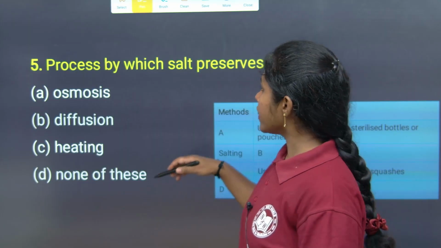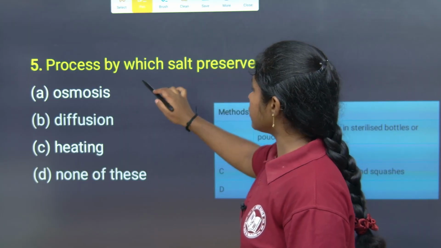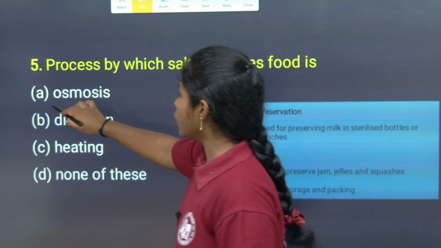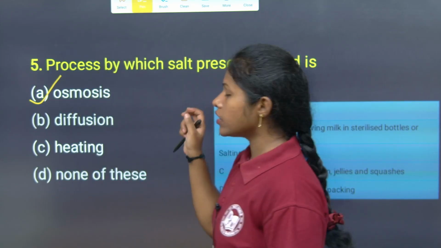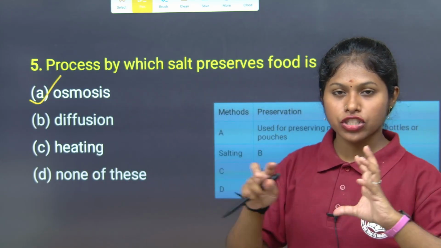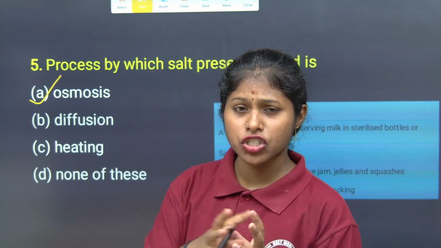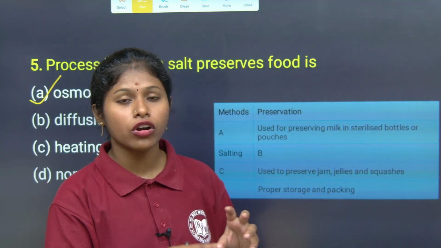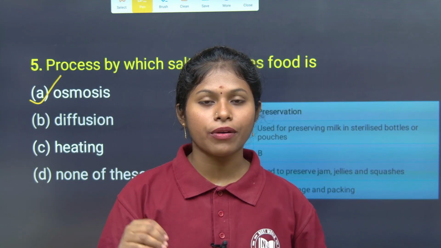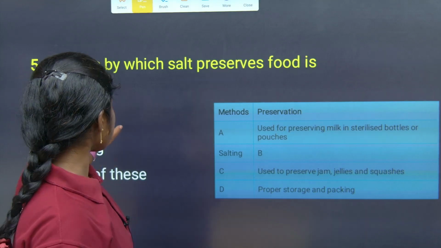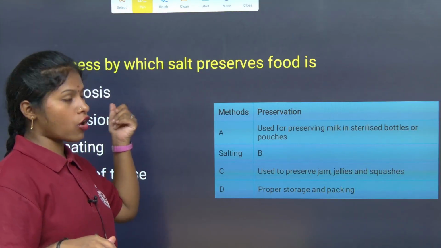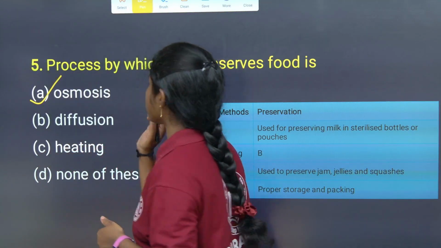The process we call, children, osmosis. Through osmosis, the salt checks the bacteria by forcibly making them lose water, by a process called osmosis. Here the answer is, children, osmosis.